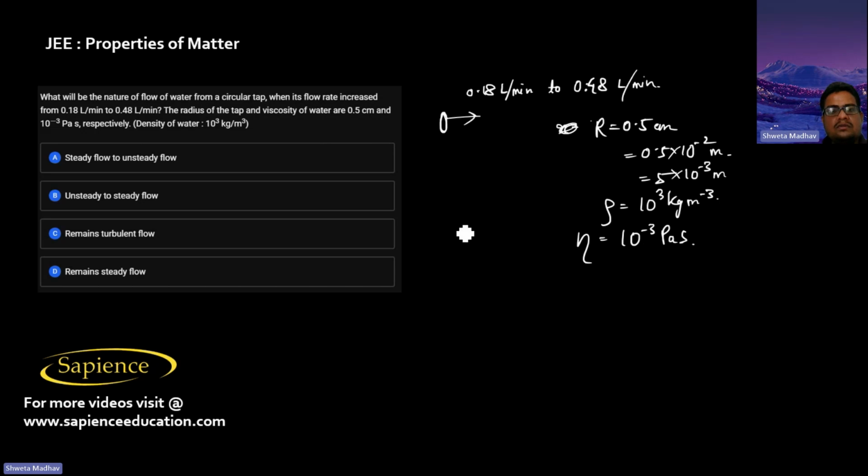So now therefore we know that the volume flow rate is dV by dt, that is given as pi p r power 4 by 8 eta l. The nature of flow that we have to find out.